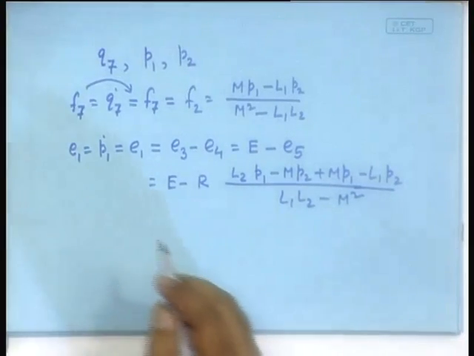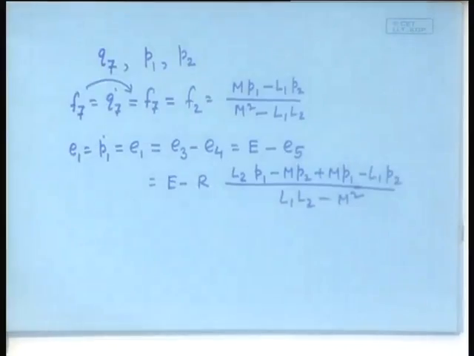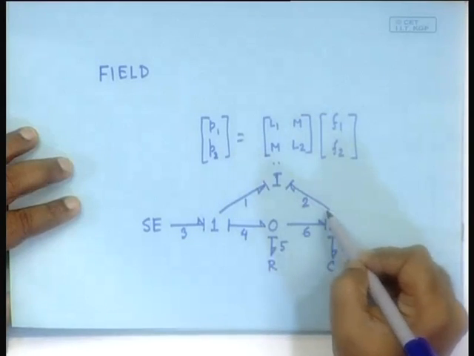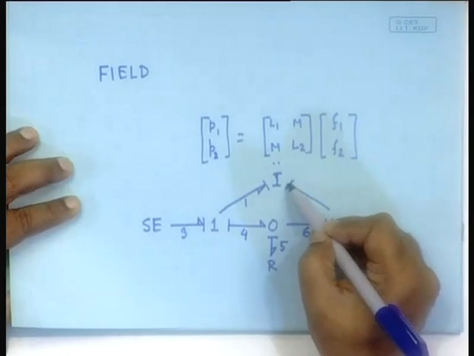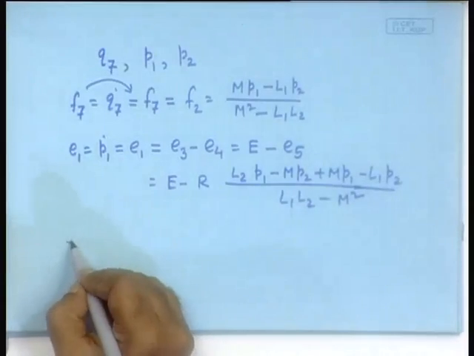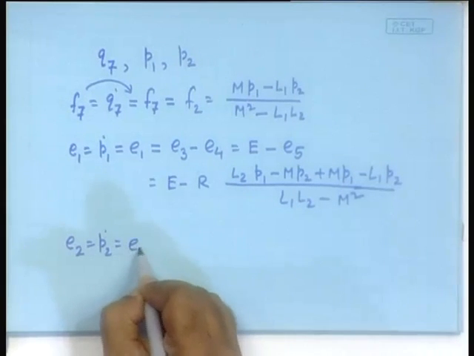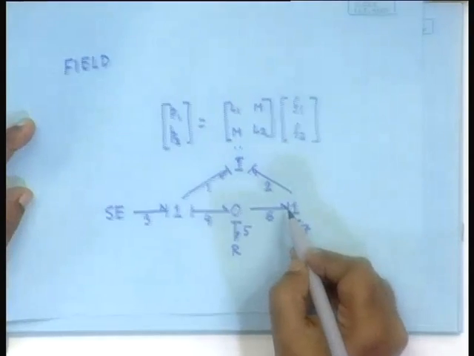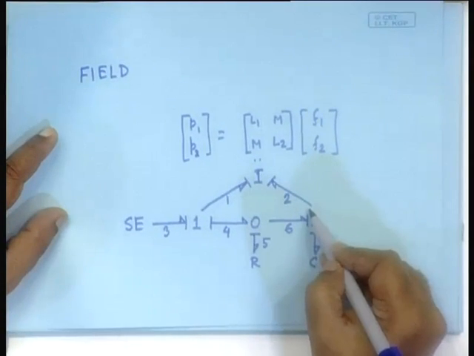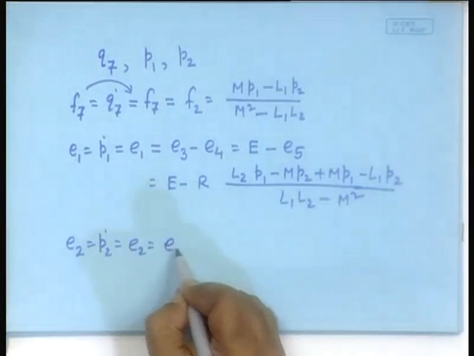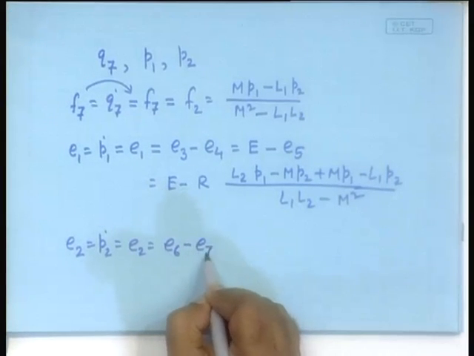Third question we ask with respect to this particular bond: this element receives E2 through this bond. So, E2 is equal to P2 dot, and E2 is E6 minus E7.